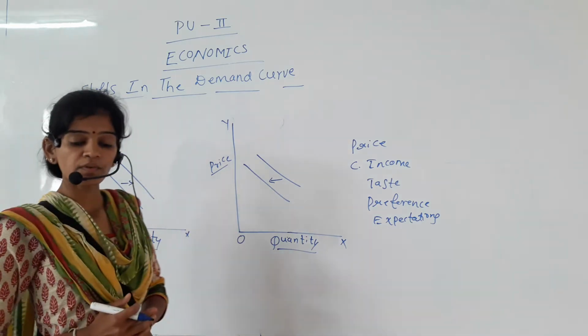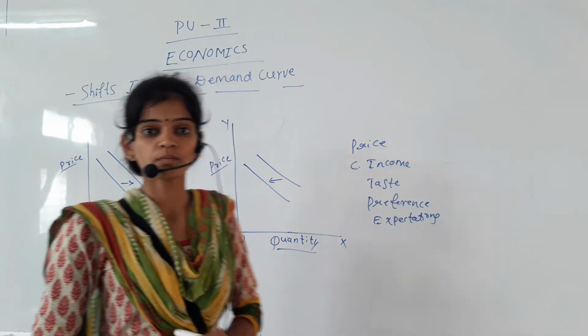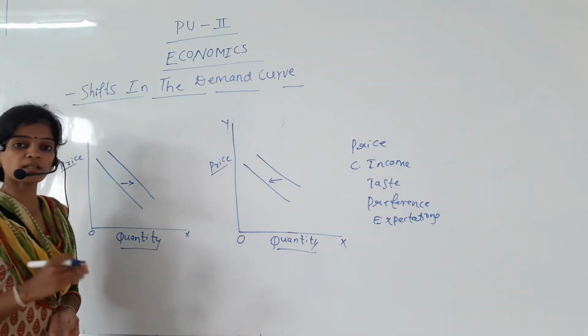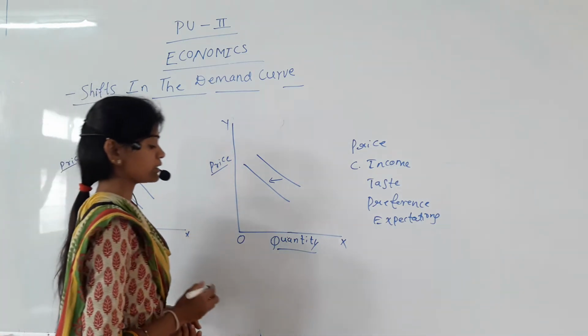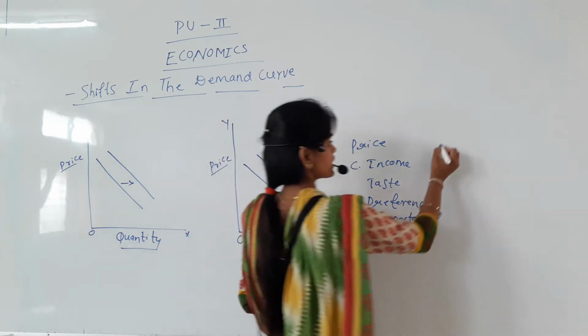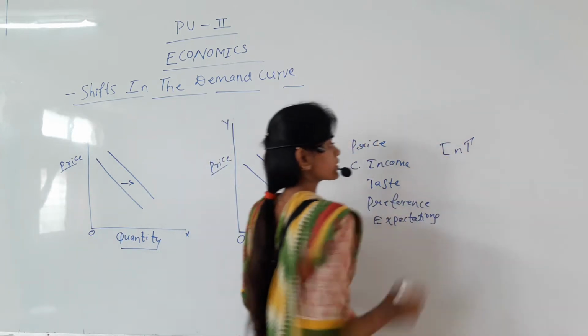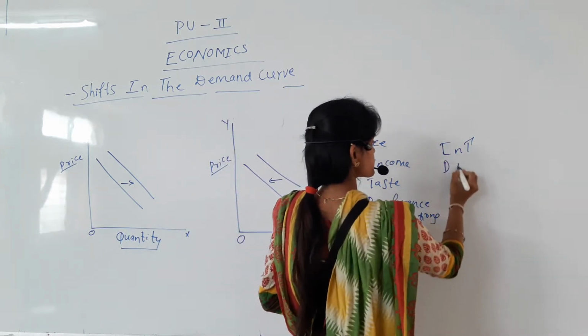We know what normal goods are. Normal goods means that when the consumer's income is increasing, the demand or quantity of the good is also increasing.